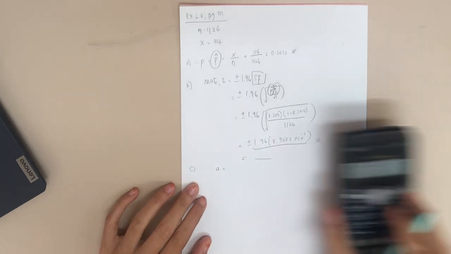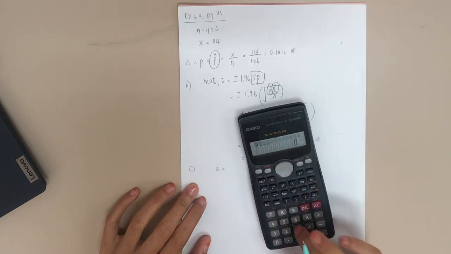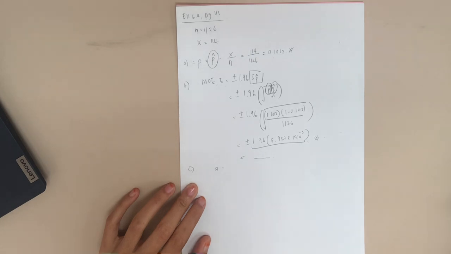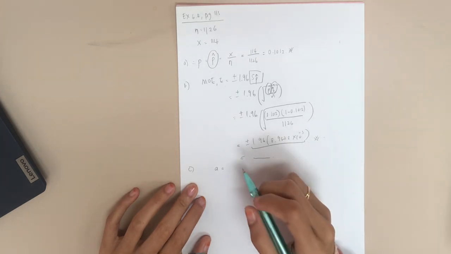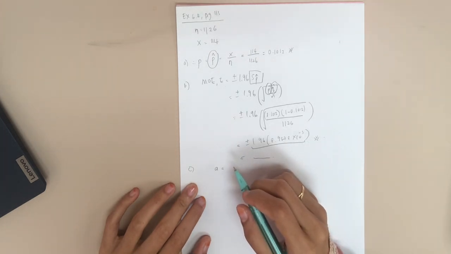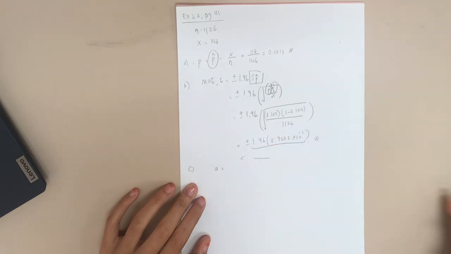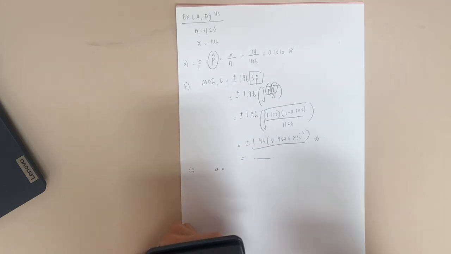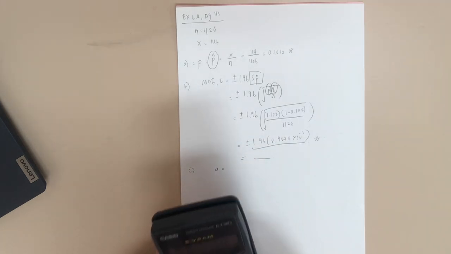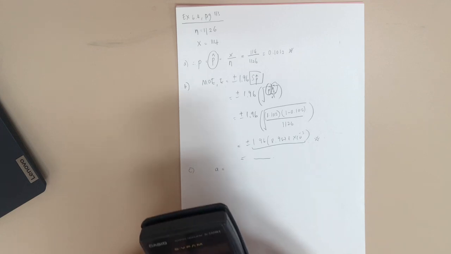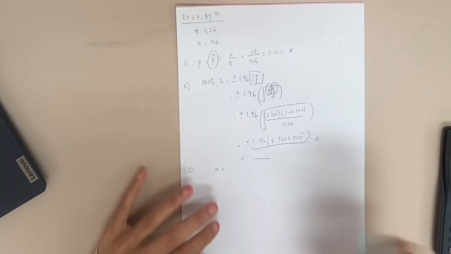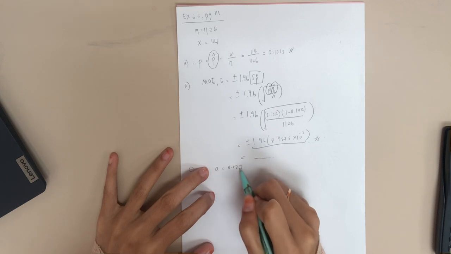You have 97.3, then divide by 100 and then 1 minus it. So your alpha is 0.027.